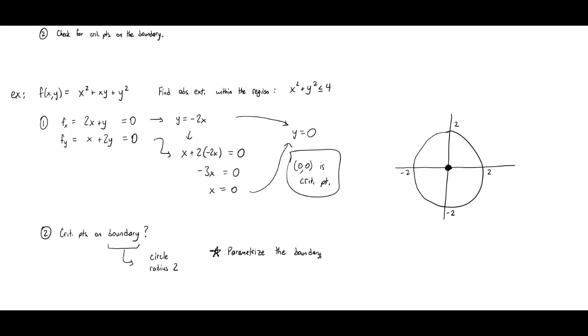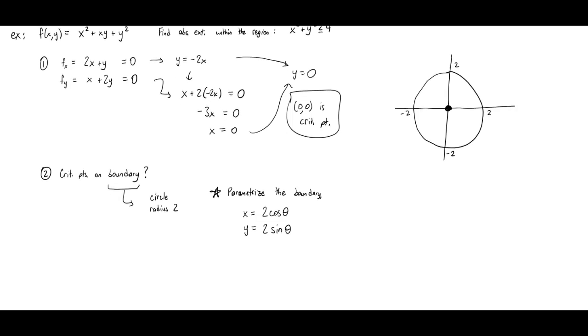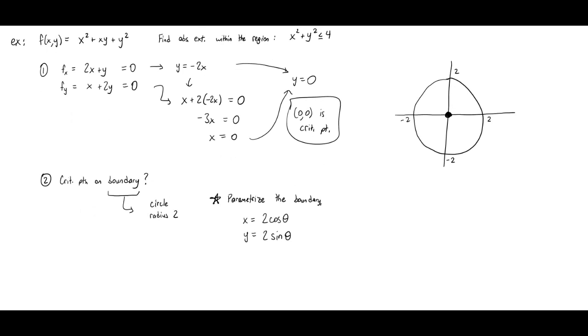So if I want to parameterize this circle of radius 2 centered at the origin, I can do that using polar coordinates, using x is r cosine theta, y is r sine theta, and since the radius is 2, that's why I subbed in r equals 2. Now to trace out the entire circle, I would restrict theta to be within 0 to 2 pi, okay?